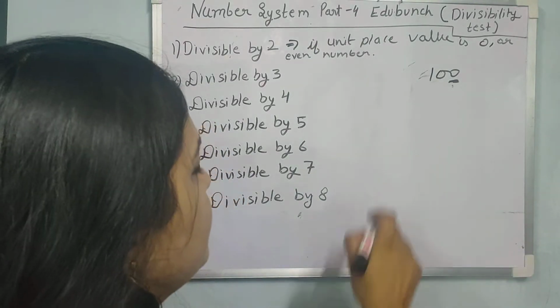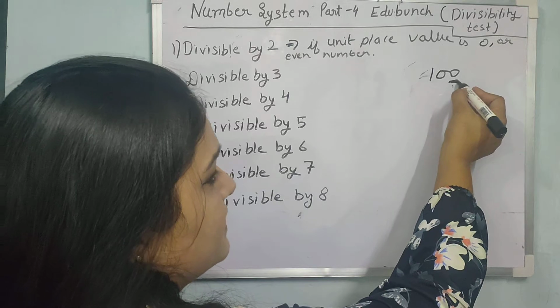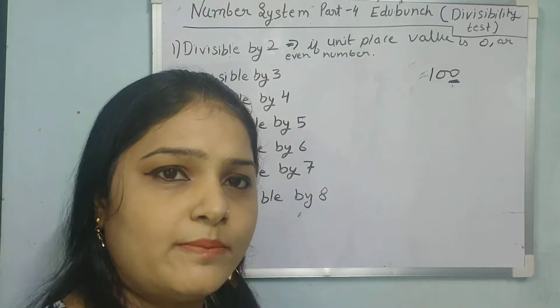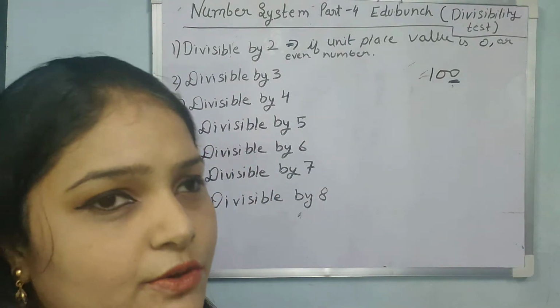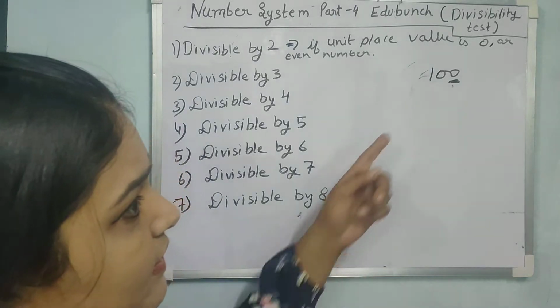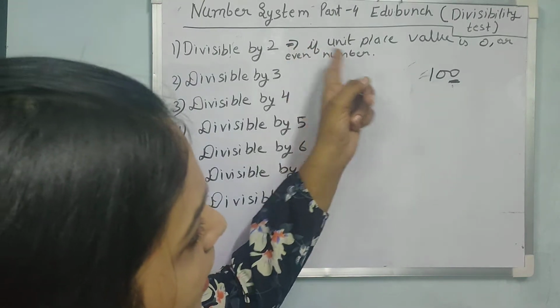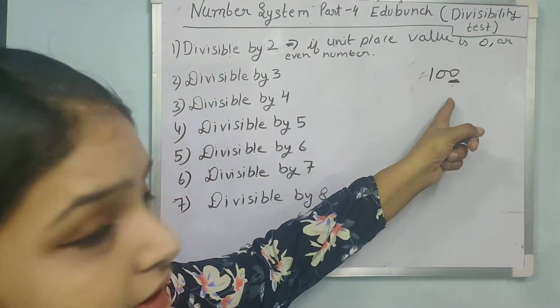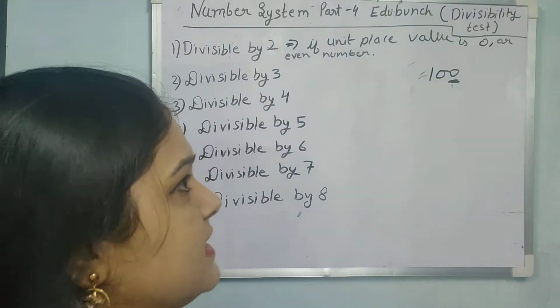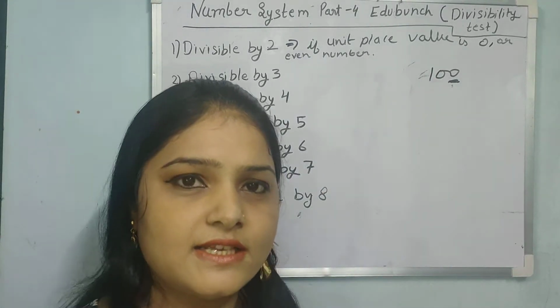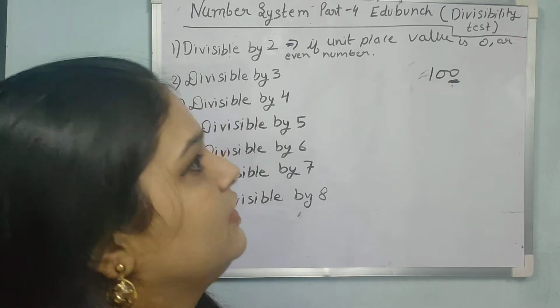So it's important we just check the unit place of the digit. If it is an even number or has the value 0, we can say the number is divisible by 2.